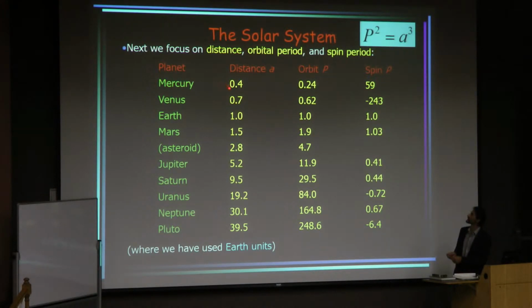But if we look at Mercury, and we plug in 0.4 for a, and 0.24 for the period, we do the math, we find that 0.4 cubed is basically equal to 0.24 squared, which is about 0.04. So any pair of numbers here will satisfy Kepler's third law.